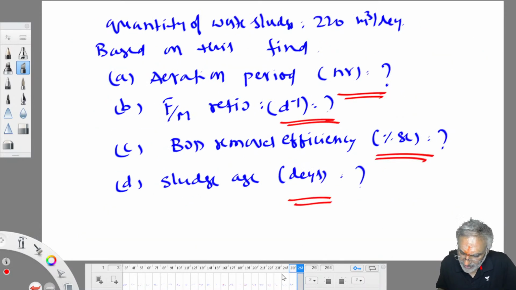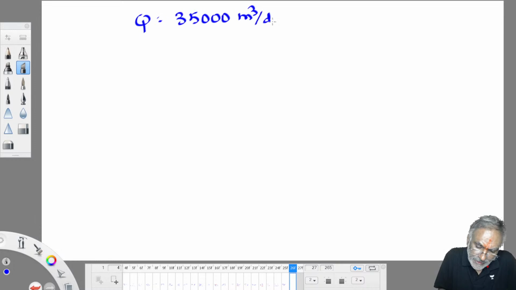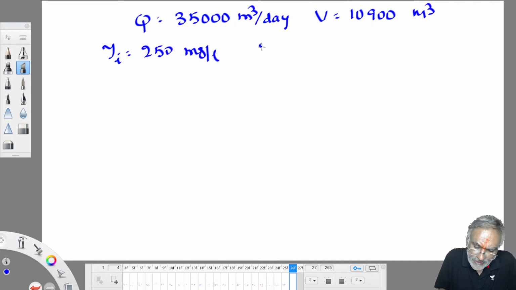So what is given to you is, I'll write all the input data for your comfort and convenience. Q is given as 35,000 meter cube per day. V is 10,900 meter cube. Yi is 250 milligram per liter.